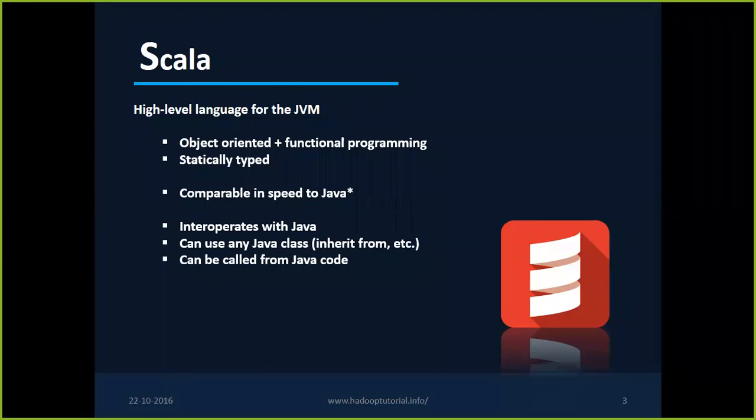You can call your Scala methods and Scala classes. You can create objects of Scala classes from your Java programs. You can call Java from Scala, and you can call Scala from Java. Okay.